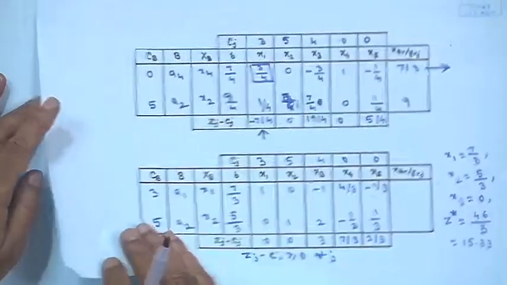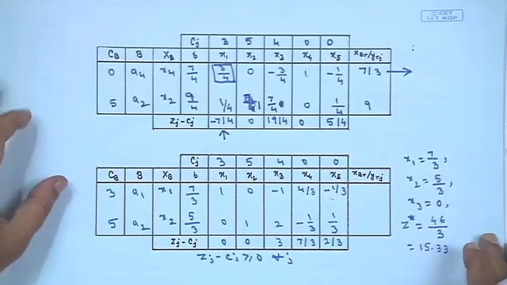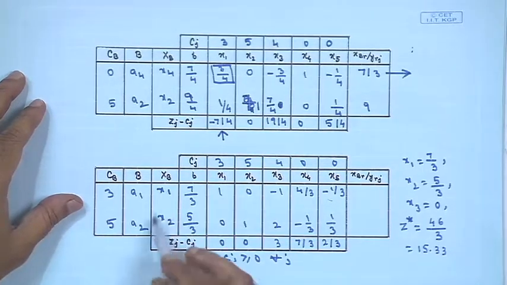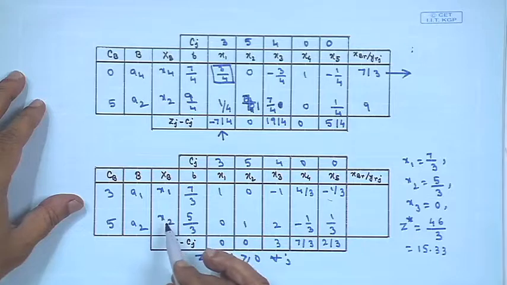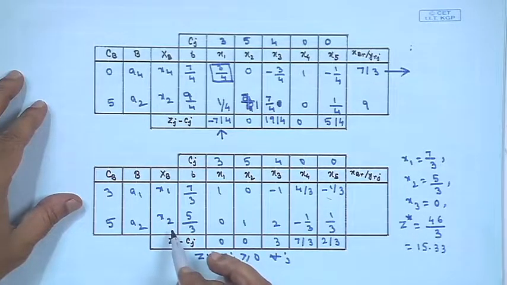For the product Z, if you see, your product Z means which corresponds to the variable x3, and x3 is not present in the basis. Your x3 is not present in this particular basis.